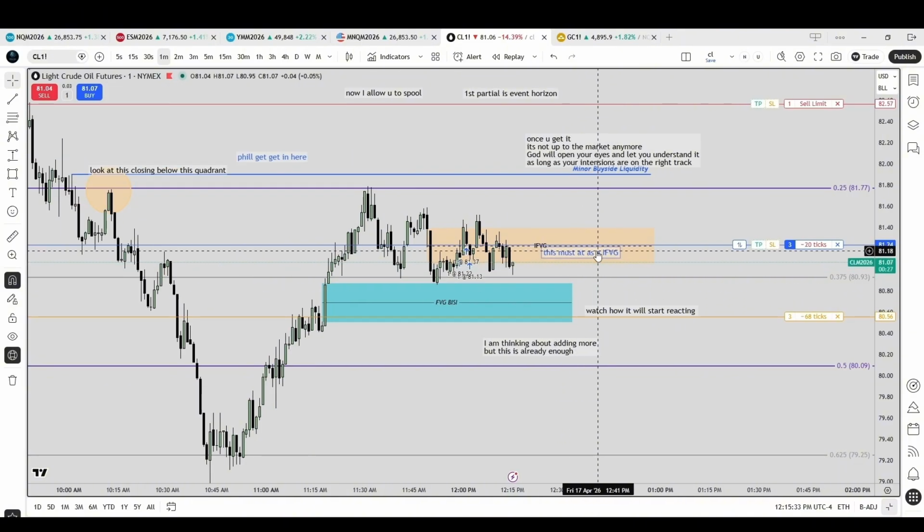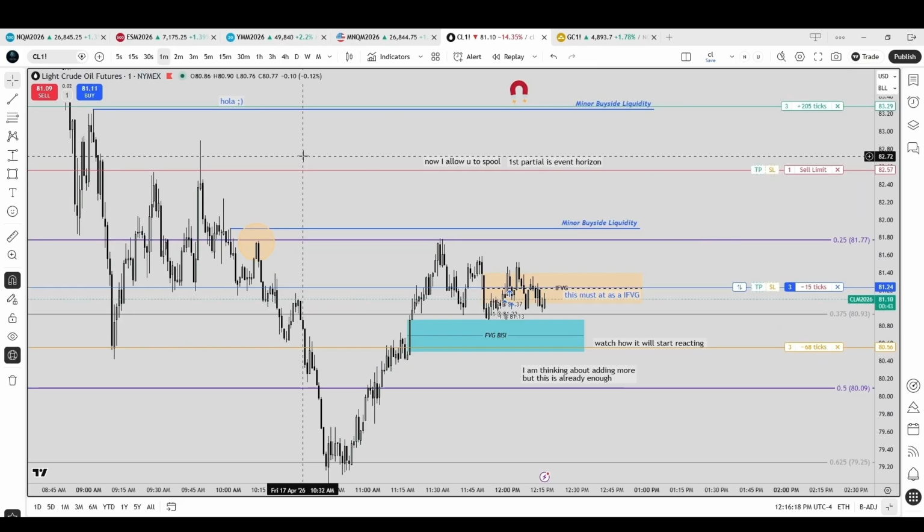So you can see I also mentioned you can watch how it will start reacting over here, leaning more towards that octant.